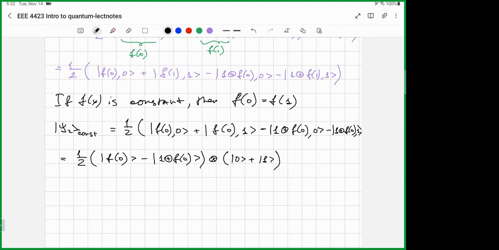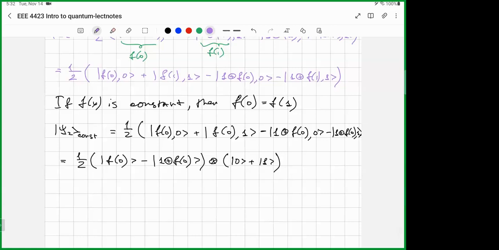Right? So let us see. The product of the first one with the first one and the second gives us f(0), 0. Then the second one, f(0), 1. Next, minus 1 plus f(0), 0. Minus 1 plus f(0), 1. Yeah, so this is exactly the same, divided by the tensor product.